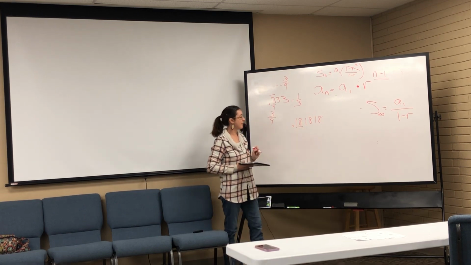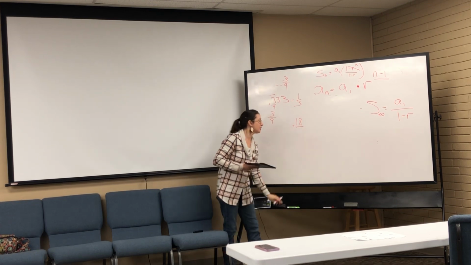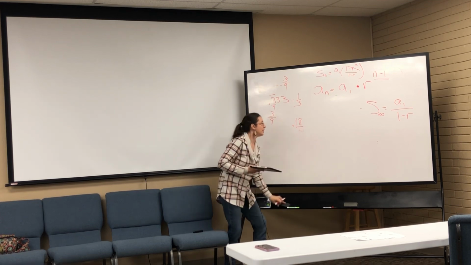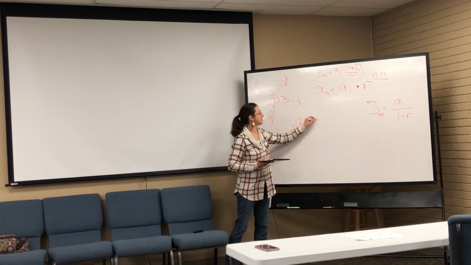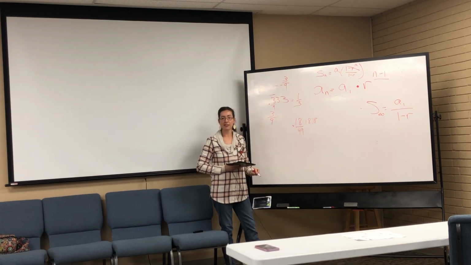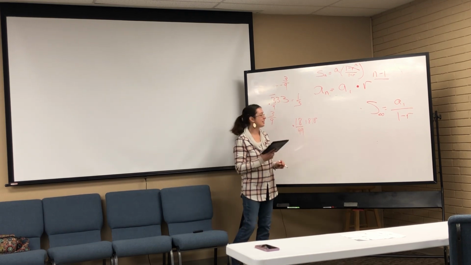The 18. If it wasn't repeating, it would be 18 over 100. It is repeating, so it's 18 over 99. If there's 3 places, it would be 999. We're going to write the 9s in.